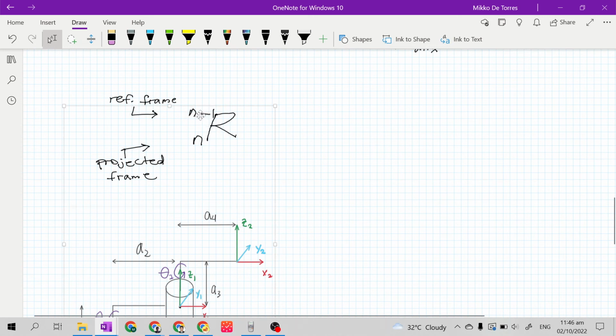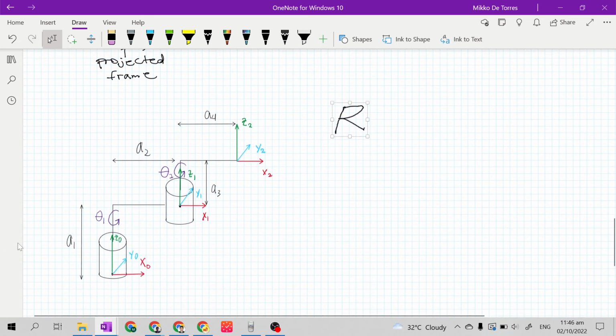A mechanical manipulator has its own rotation matrix. So we will describe its rotation matrix as R. Then our reference frame must be the base frame.